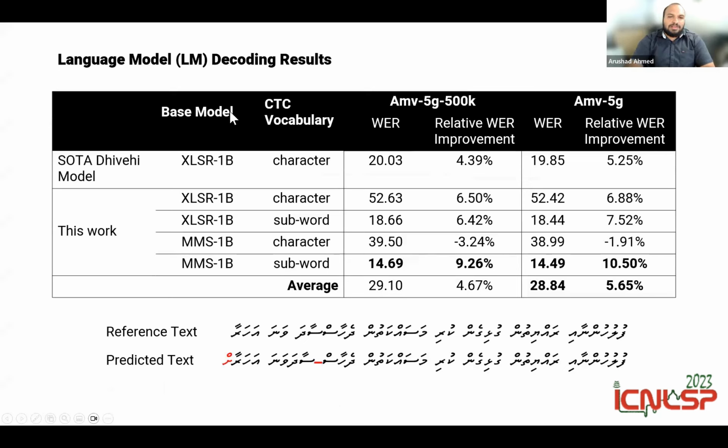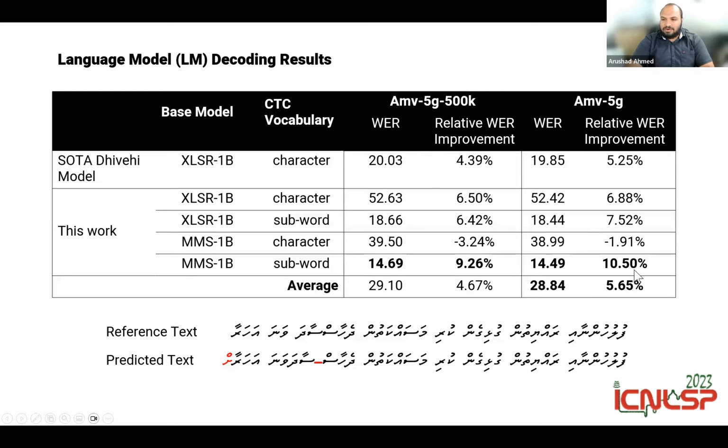Next, we'll look at our language model decoding results. We are comparing two different language models, and you can see from here, the language model decoding is able to further improve the word error rate of the CTC-based models. Of the two language models, the one that didn't have any vocabulary restrictions or limitations performed overall better.